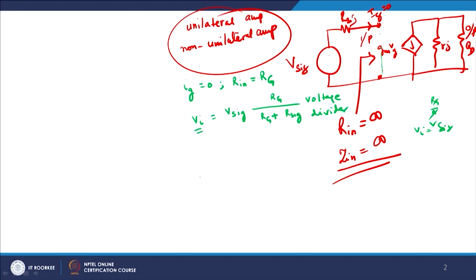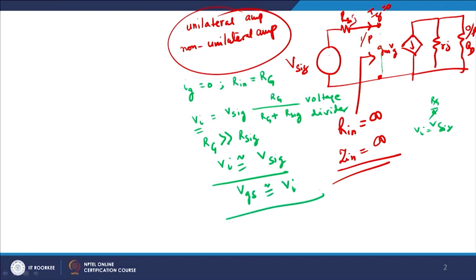But since my Rg, as I was discussing with you, is much larger as compared to R sig, I will automatically get that Vi is approximately equal to V sig, and therefore we can safely write down Vgs is approximately equal to Vi. So whatever you give as Vi will be equal to Vgs as such.